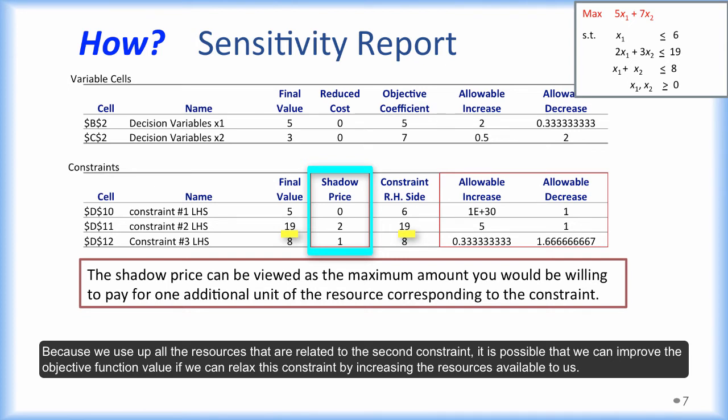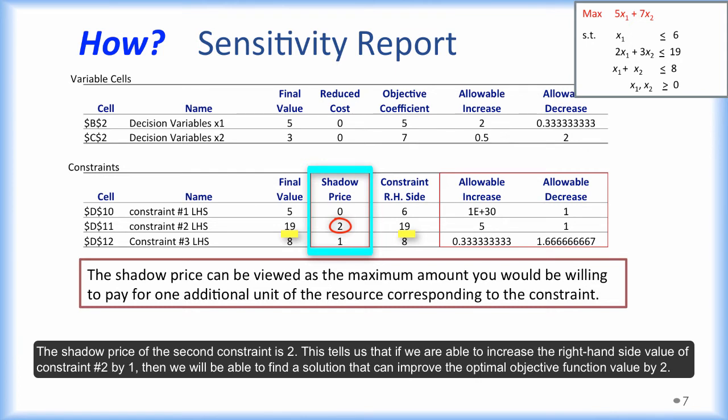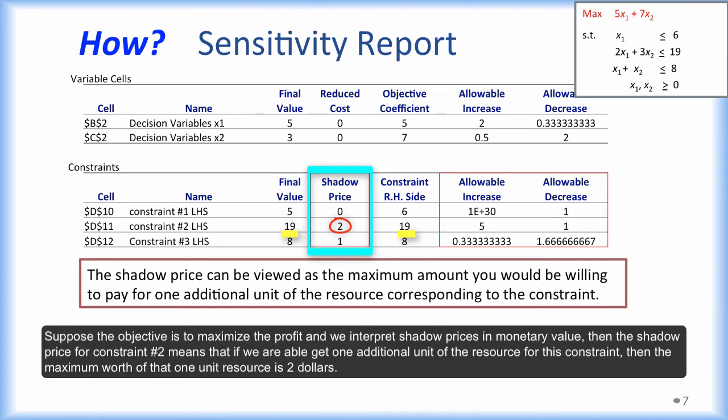Because we use up all the resources that are related to the second constraint, it is possible that we can improve the objective function value if we relax the constraint by increasing the resources available to us. The shadow price of the second constraint is 2. This tells us that if we are able to increase the right-hand side value of constraint number 2 by 1 unit, then we will be able to find a solution that improves the optimal objective function value by 2.